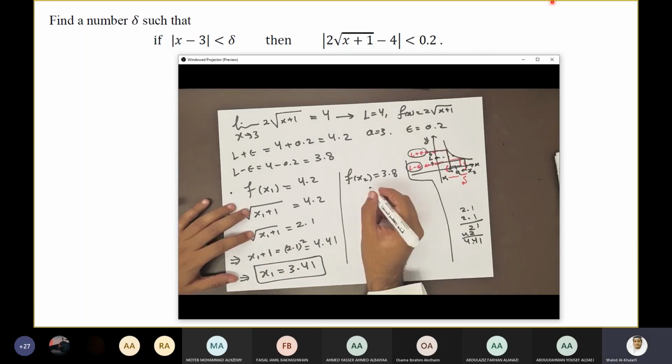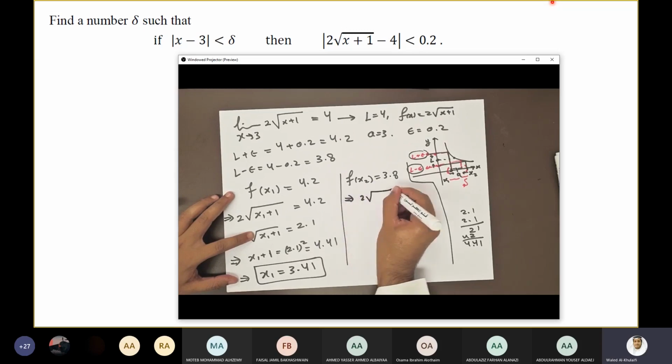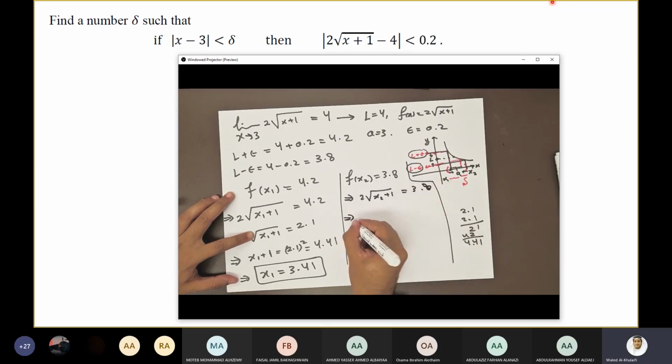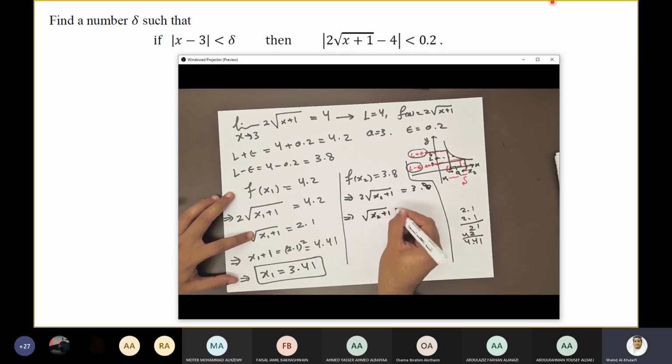Okay, I do the same thing here. This implies that 2 root x2 plus 1 equals 3.8. And then this implies that root x2 plus 1 equals, when I divide by 2, 1.9, right? And then x2 plus 1 equals 1.9 squared.